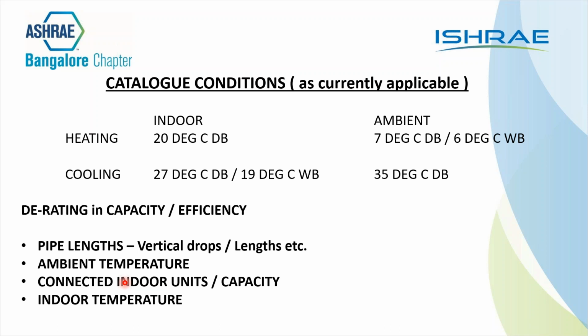So the important factors are to analyze the inside condition, the outside condition, the quantity of air, the piping between indoor and outdoor, and the temperature requirements of indoor capacities. These are all the considerations when you are arriving at diversity. A lot of people I have seen simply say a VRF system can give 50% diversity.